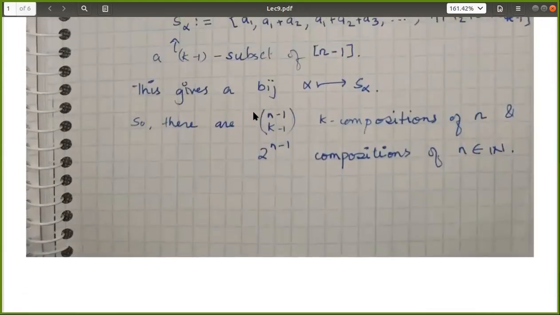You do the summation from k equals 1 up till n, and you will get that this number is nothing but 2 raised to n minus 1. So a very quick proof that the number of compositions of any natural number n is 2 raised to n minus 1. But if you're particularly interested in k compositions, there are n minus 1 choose k minus 1 such k compositions.